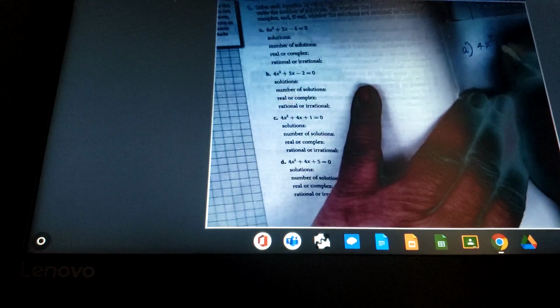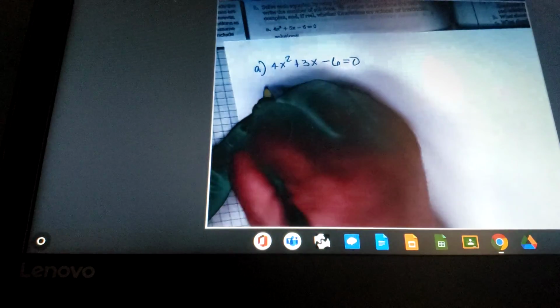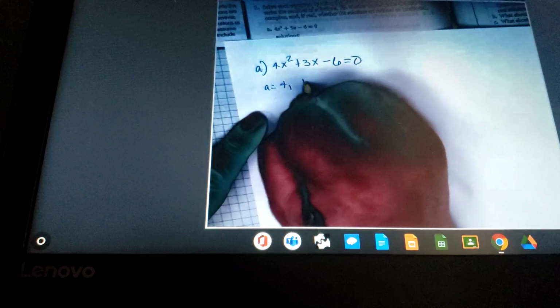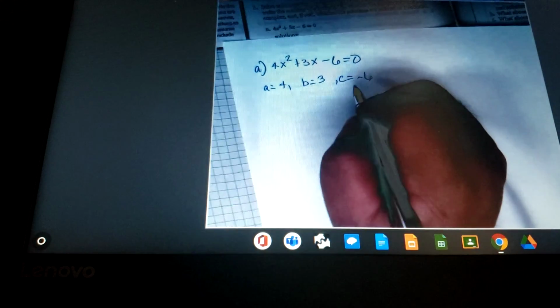Class? Four x squared plus 3x minus 6. So our a is 4, b is 3, c is negative 6, okay?